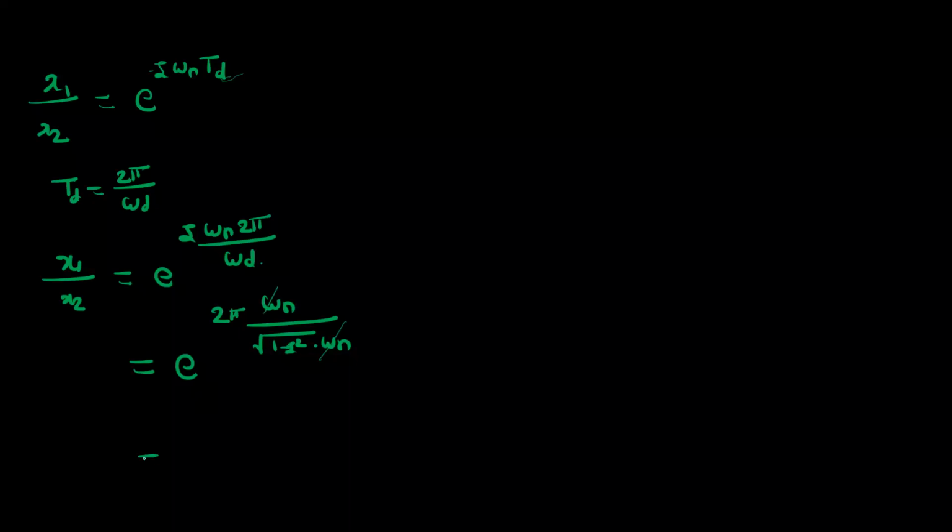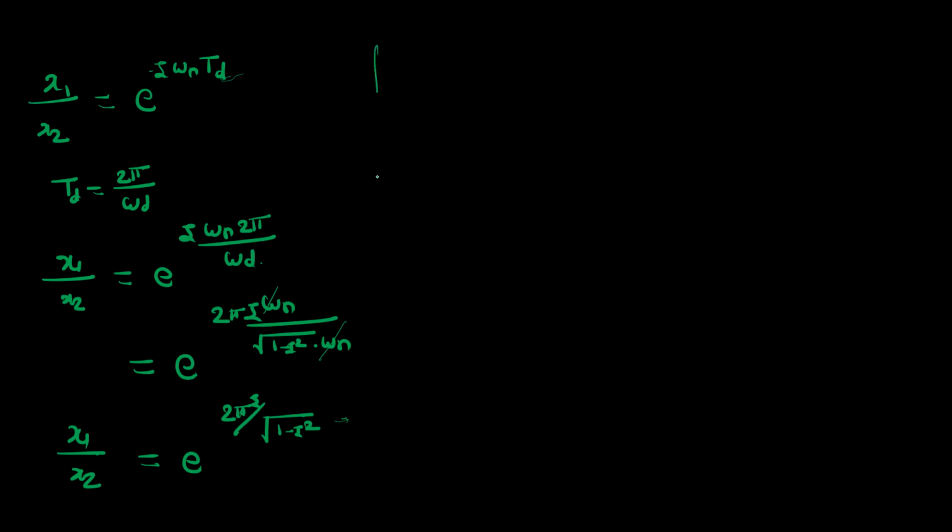So the remaining value is x1 by x2, this is e raised to 2 pi zeta upon square root 1 minus zeta square.